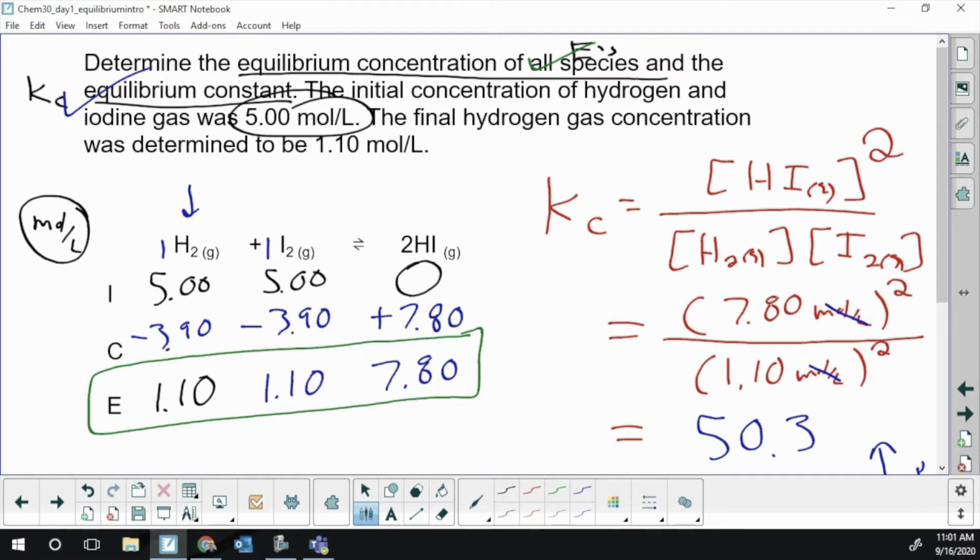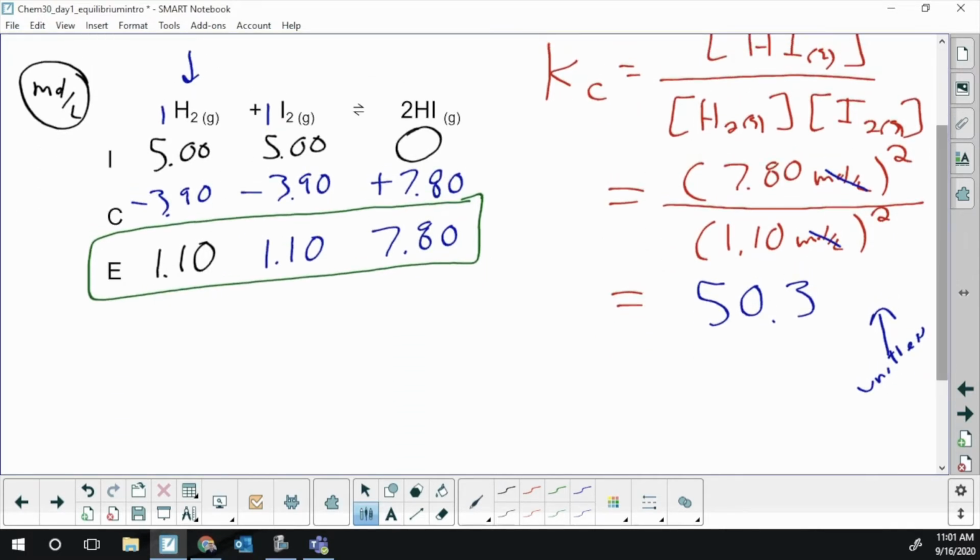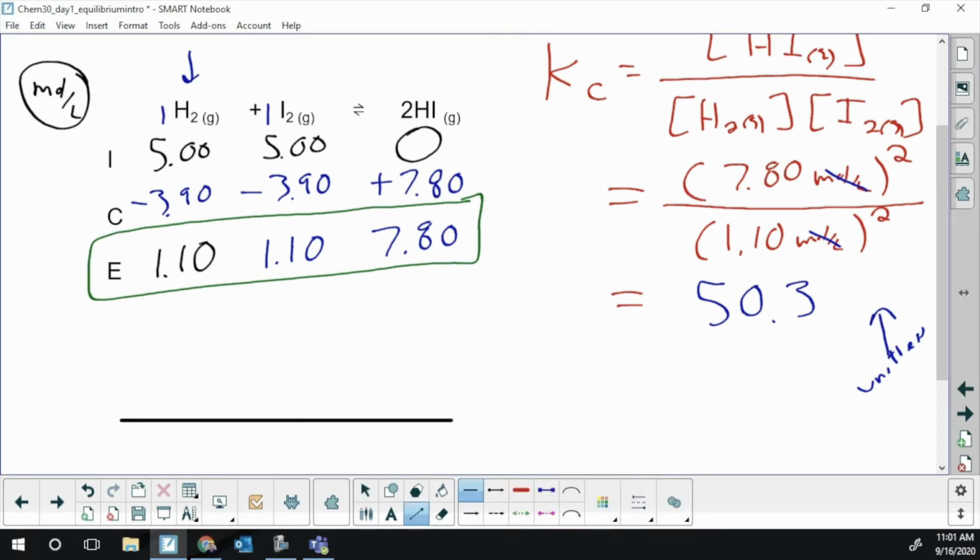I just want to end with, what on earth does 50 mean? Is that big or small? What's the range? So we're just going to end with a bit of a number line and talk about the range, and we'll put 50.3 on our number line.